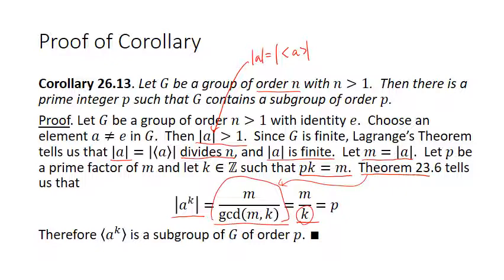Then we have m over k, and we already said that pk equals m, so m over k is p. So we got that the order of the element a to the k was p, and that means that the cyclic subgroup generated by a to the k will be of order p. And since that will be a subgroup of G, then G has this subgroup of order p. So that's it. It's pretty simple.